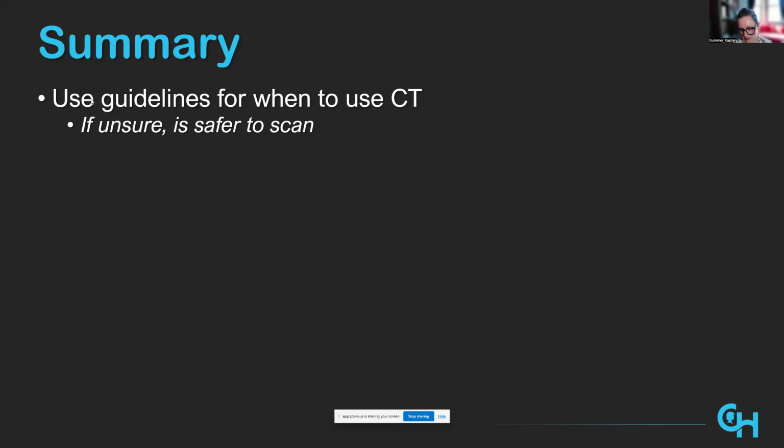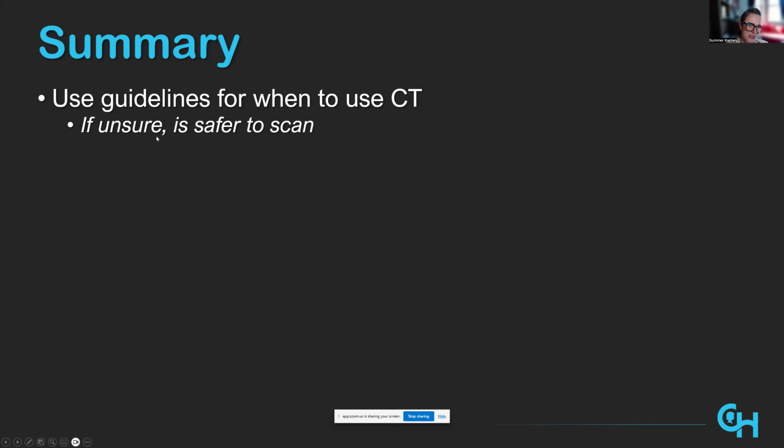In a high velocity trauma, scanning should be the default. What we see often is that smaller hospitals that don't have as much specialized pediatric care or don't see as many pediatric patients tend to do more scanning, and I think that's probably safe. If you're unsure, it's safer to scan and not miss an injury.